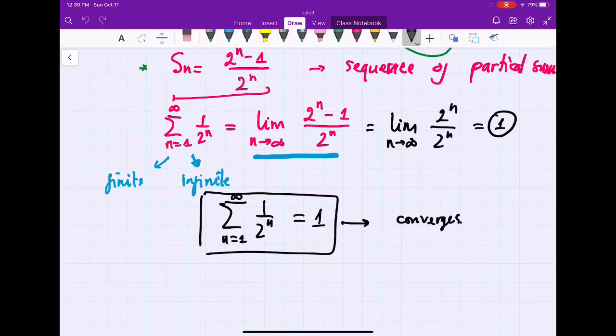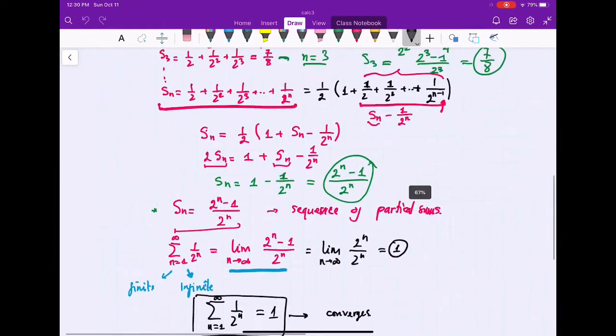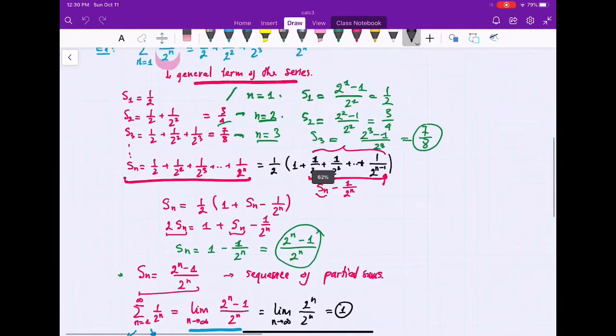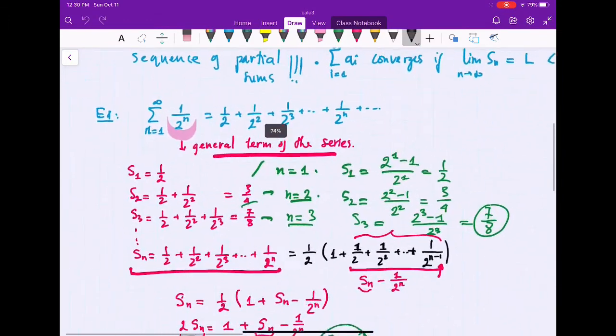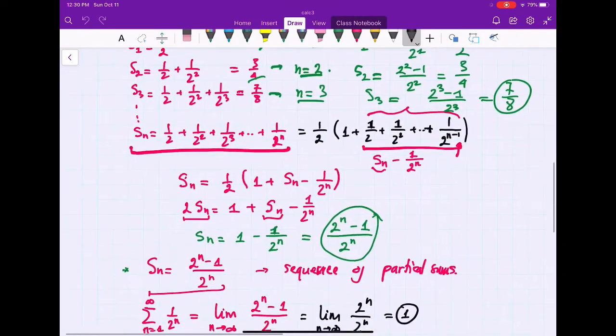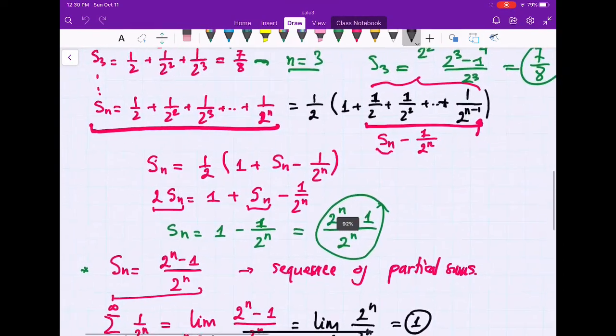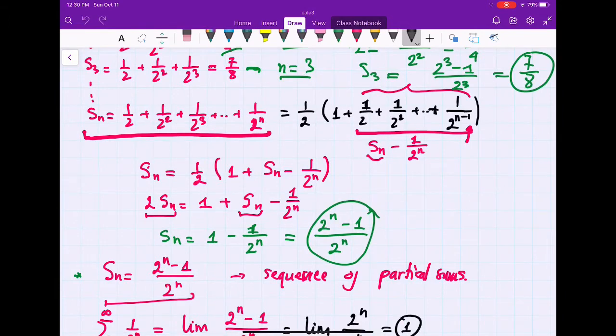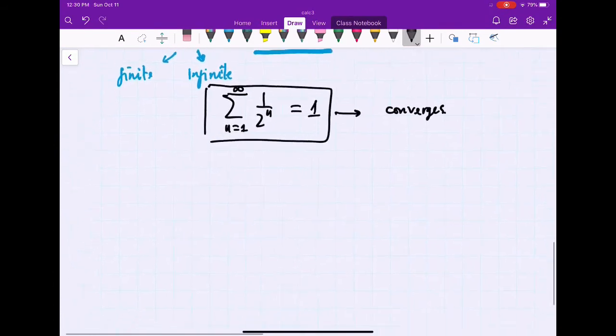Okay, so look at this one more time, right? In this example, we found the sum of a series using the sequence of partial sums. And of course, sometimes we are successful in finding the general term in here, but sometimes it is not easy at all. Okay, let's move to the second example.